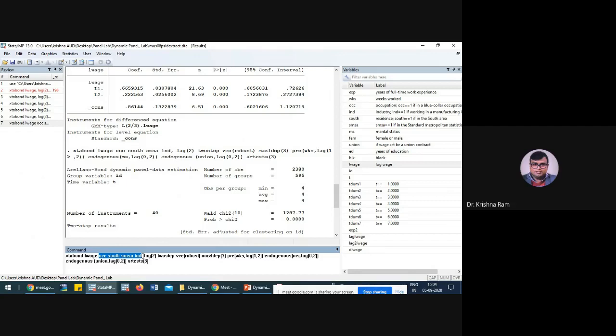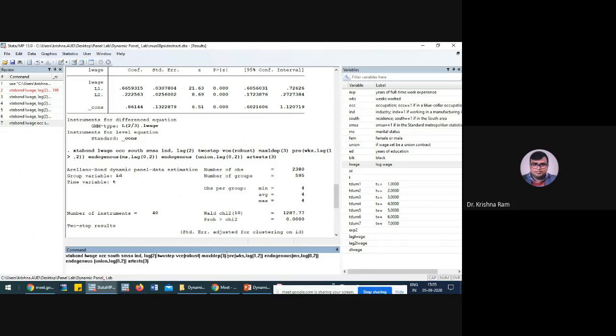So these variables are strictly exogenous variables. Lag 2 is defined as earlier. Since we are using two lag values of the dependent variable as a regressor, this is the option for that. Two step, using two step. Robust, we are using robust standard error.